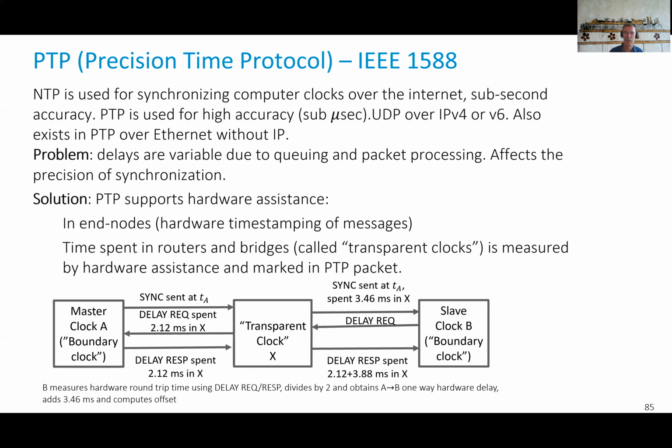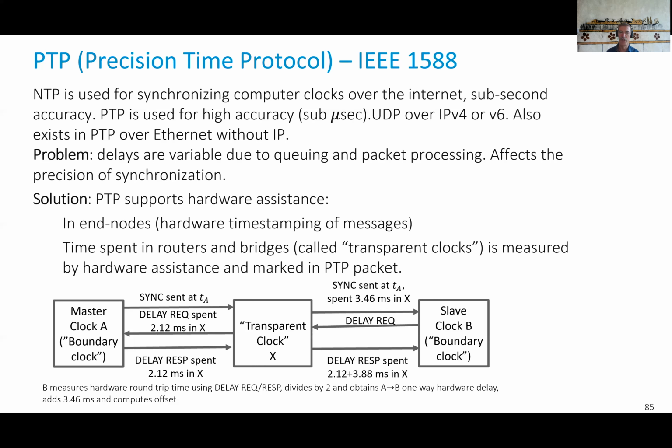Let's examine an example here. A sends this time sync message, it timestamps it and says it's at time TA. This message goes via an intermediate system. This intermediate system will record how much time it spent in the system, here 3.46 milliseconds. Then B receives this message. It will see not only the time it was sent, but also the time spent in the system. Then we saw that B will also trigger a round trip measurement that will consist of a delay request followed by a delay response.